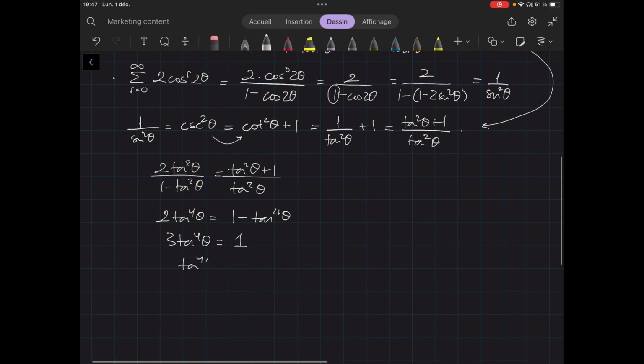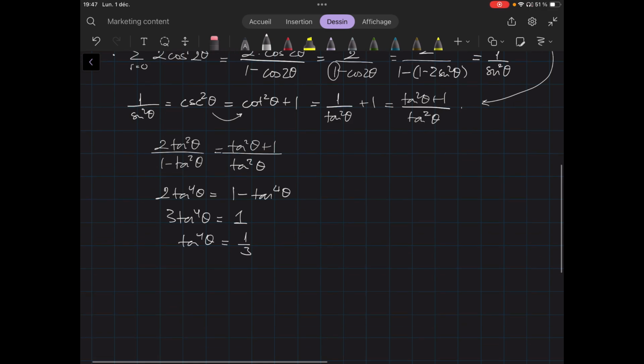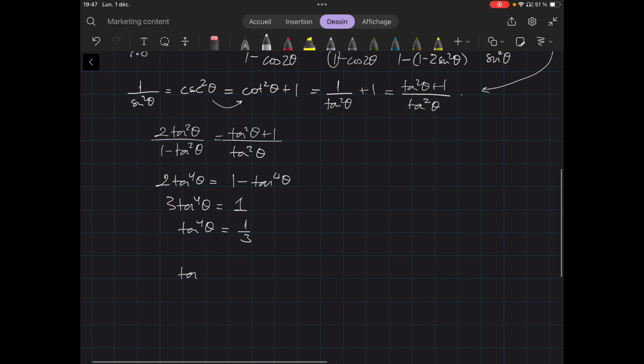Tan to the 4 is equal to 1 over 3. And therefore, tan of theta is equal to plus or minus the fourth root of 1 by 3, or plus or minus 3 to the power of negative 1 by 4.